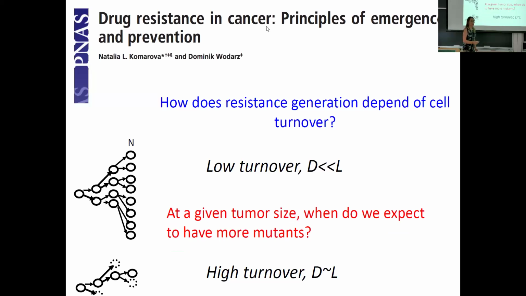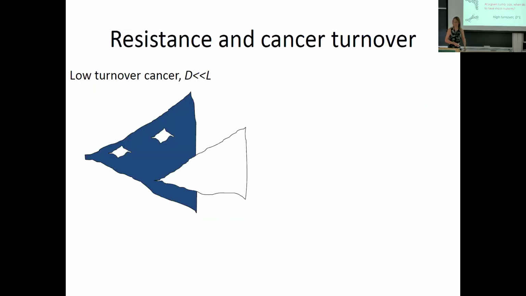So when we're talking about resistance generation, and resistant cells are generated by divisions, where are we more likely to see a resistant cell? In this type of colony or in that type of colony? A naive answer to this question is, of course, here, because there are more cell divisions. In a colony of a given size, they have undergone more divisions, so there's going to be more resistance.